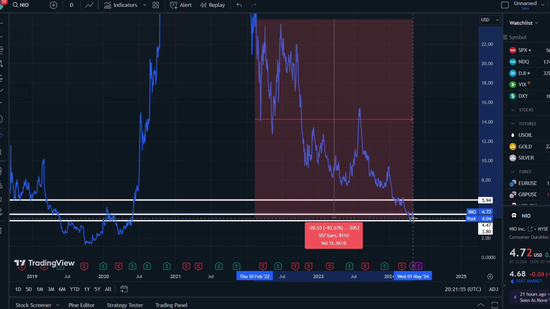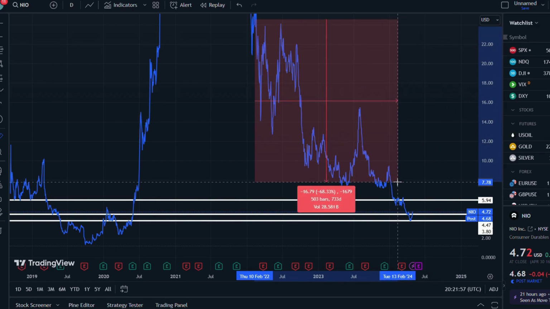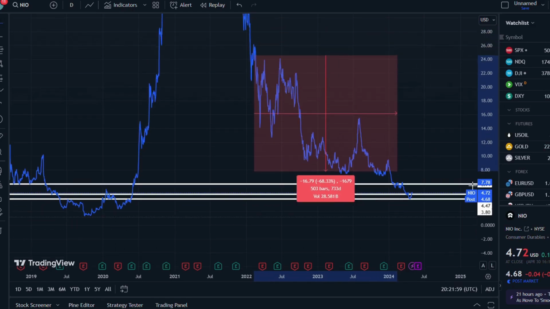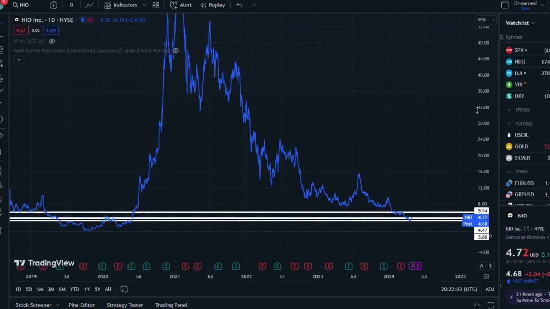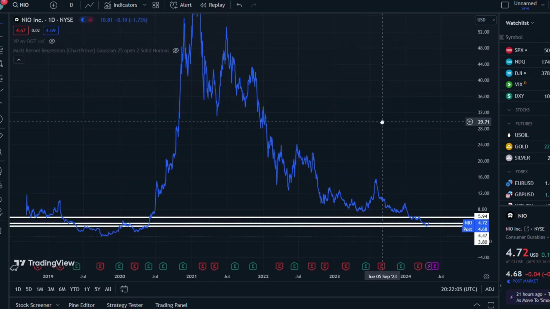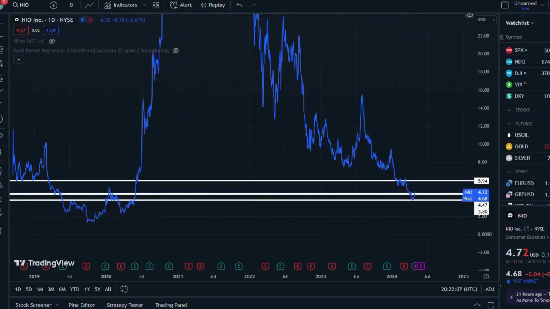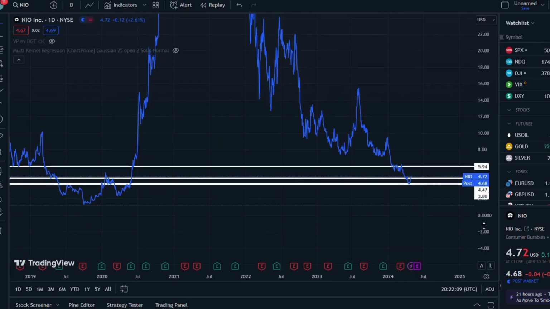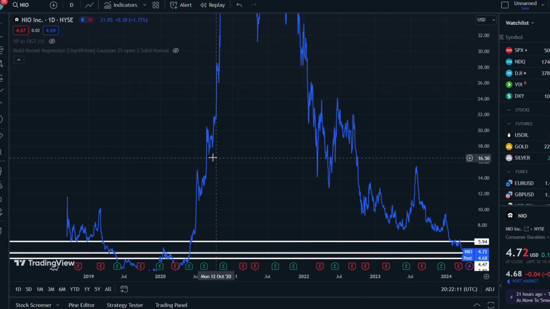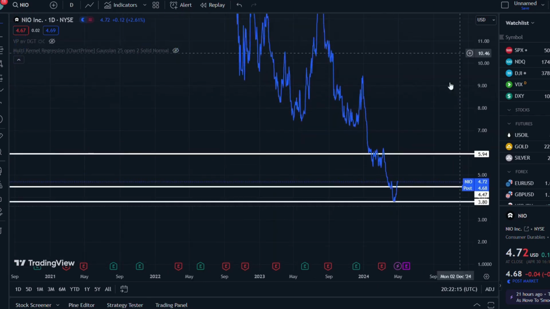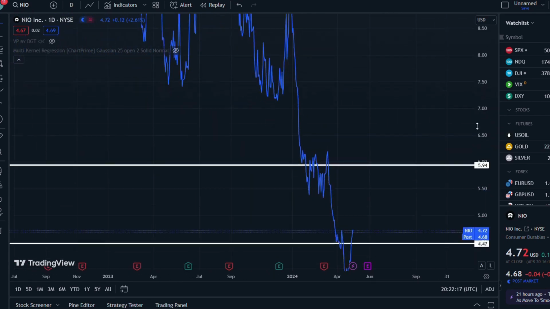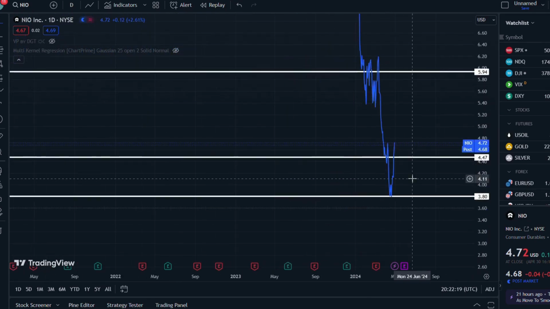Okay, 83%. We can imagine that it's much lower than the price that, for example, it was in 2021 and 2022. Let's think about what can happen right now in NIO stock.